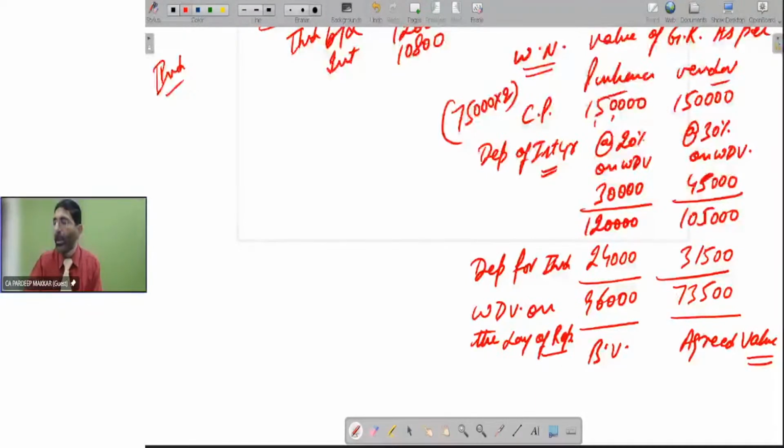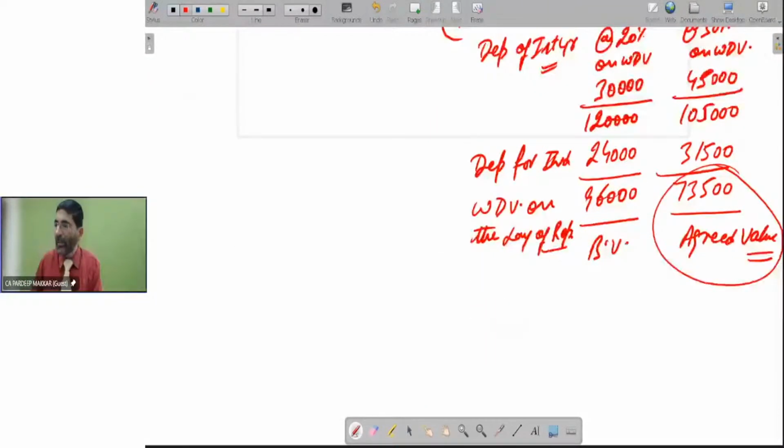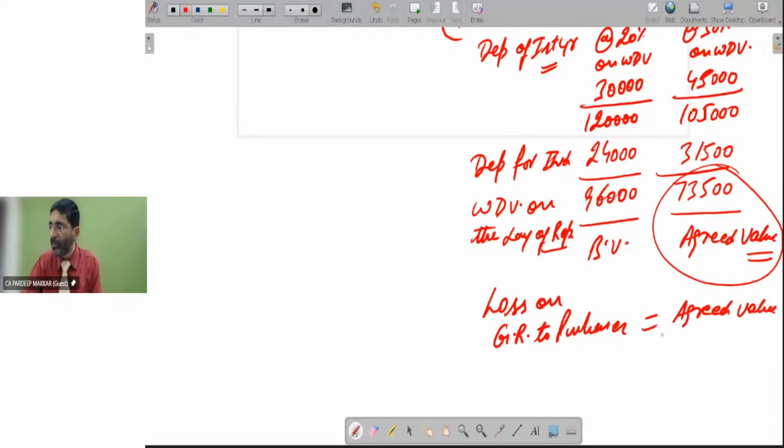So entries will be made for repossession in the books at rupees 73,500. Simultaneously, loss on repossession to purchaser is equal to agreed value as per vendor less book value as per purchaser.